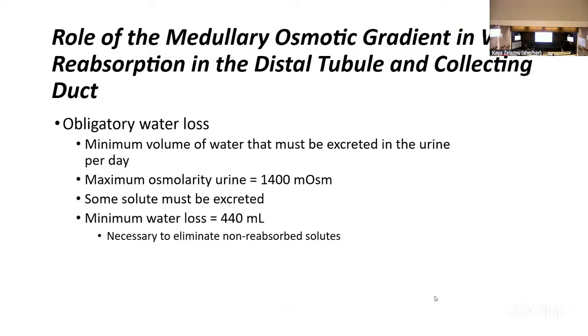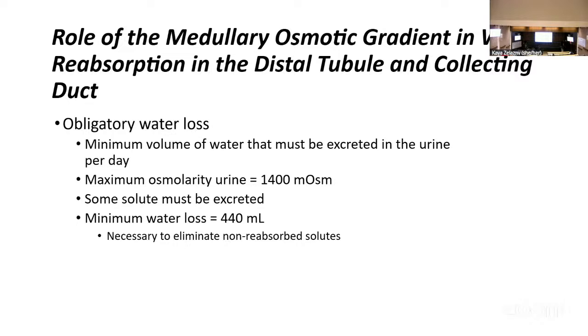Okay. So we know there's kind of a maximum on how osmolar we can get because of how we're setting up the properties of the kidney. And we might remember, and we briefly mentioned when we were talking about pH, that there is a minimum volume of water that you have to excrete.